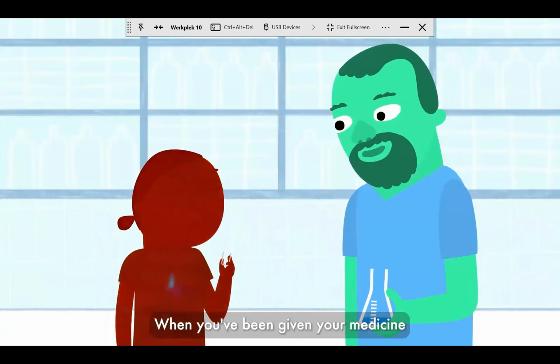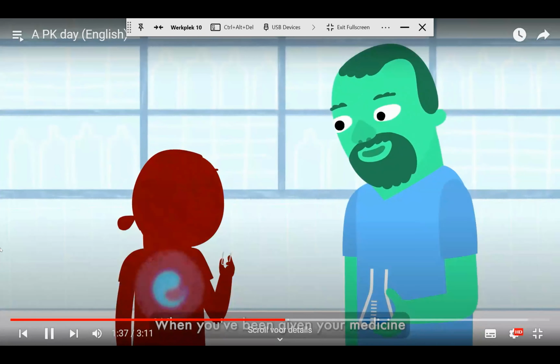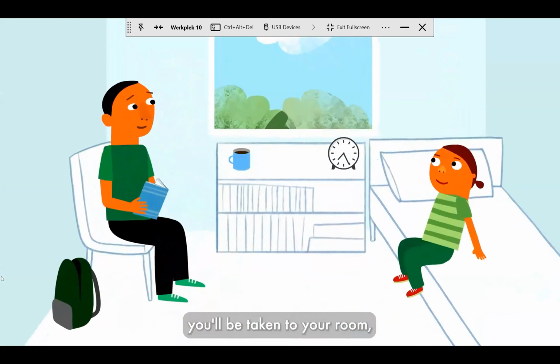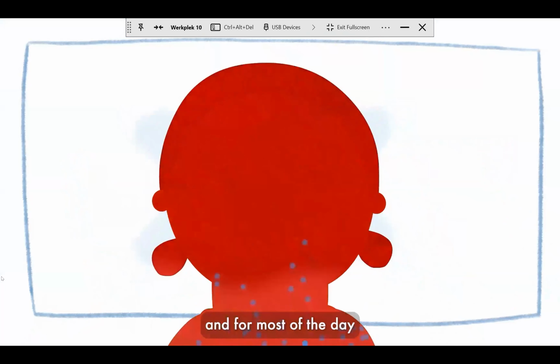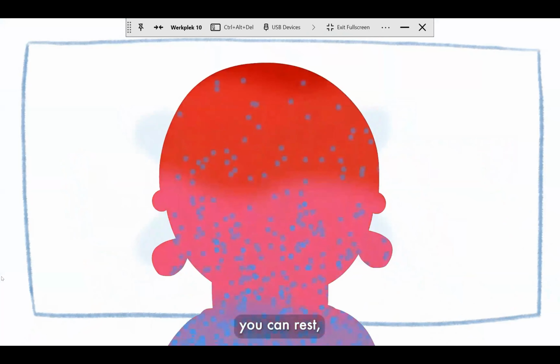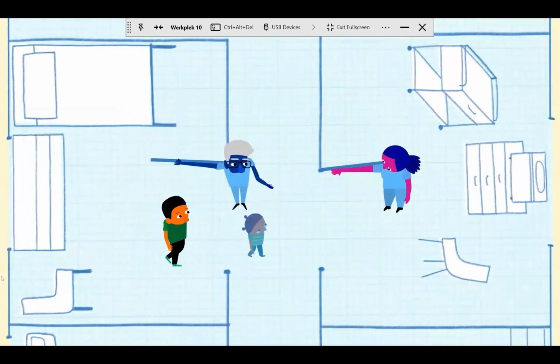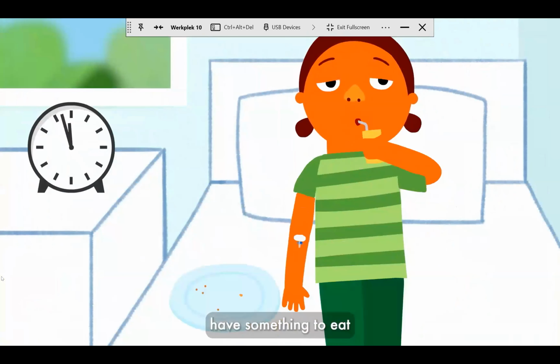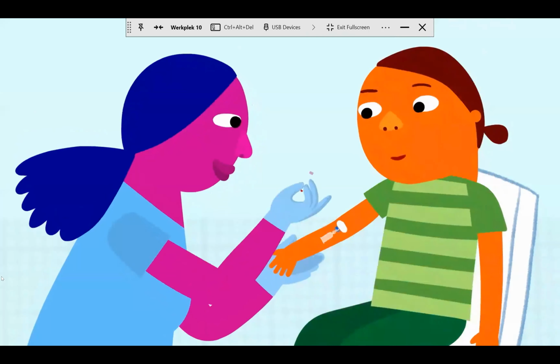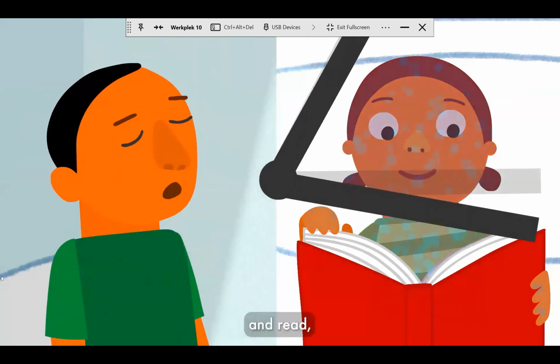When you've been given your medicine, you'll be taken to your room. And for most of the day, you can rest. Have something to eat and read.